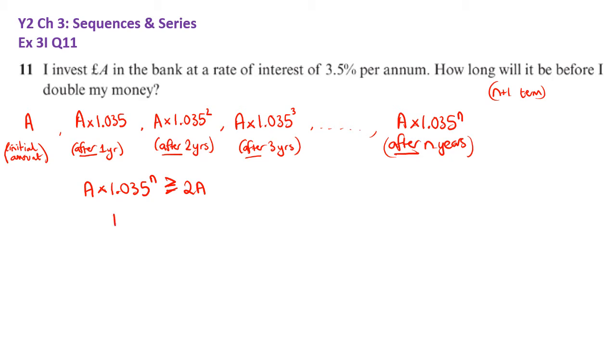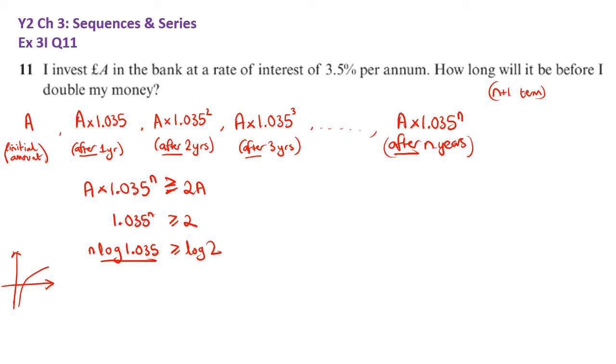So we're looking for when 1.035 to the n is greater than or equal to 2, and we take logs of both sides and use our log laws to bring that power down. So n log 1.035 greater than or equal to log 2. When I divide this time by log of 1.035, again, remember our log graph here.